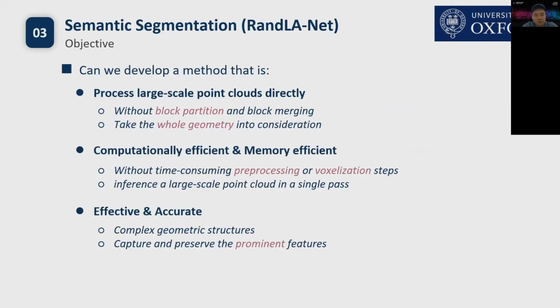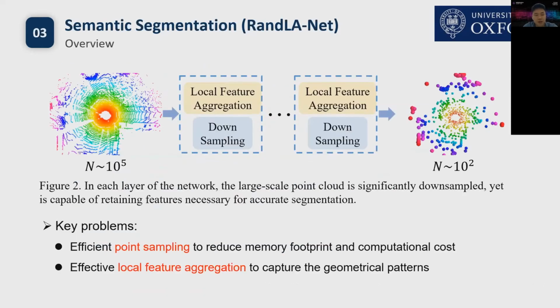So the objective of our method is to develop a method that is able to process large-scale point clouds directly, and it should also be computationally efficient and memory efficient, and finally effective and accurate.